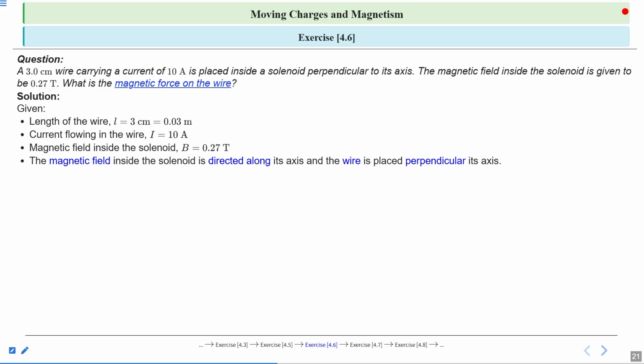So the angle between the current carrying wire and magnetic field will be 90 degree, meaning the angle between L vector and B vector will be 90 degree. It means when we do I L cross B, I L B sin theta, this theta will be 90 degree.